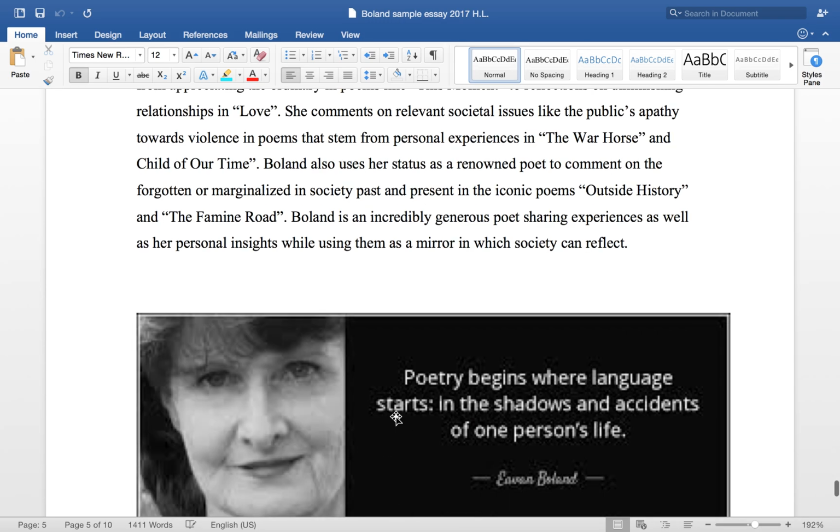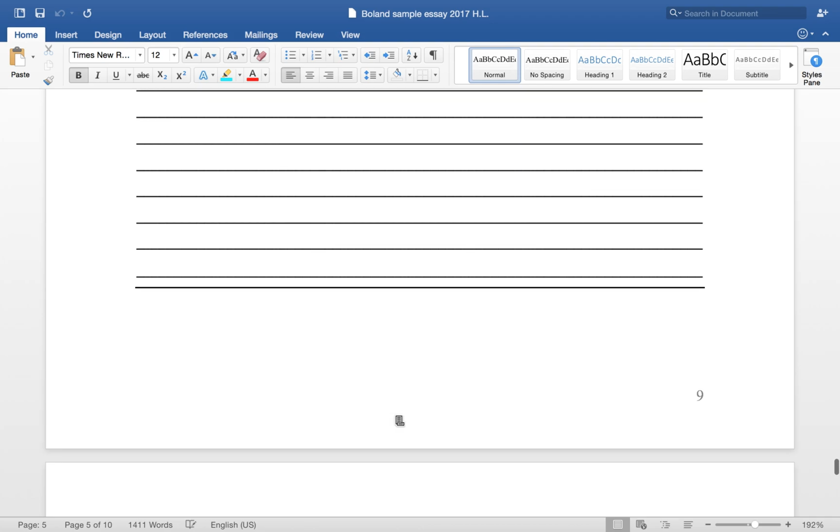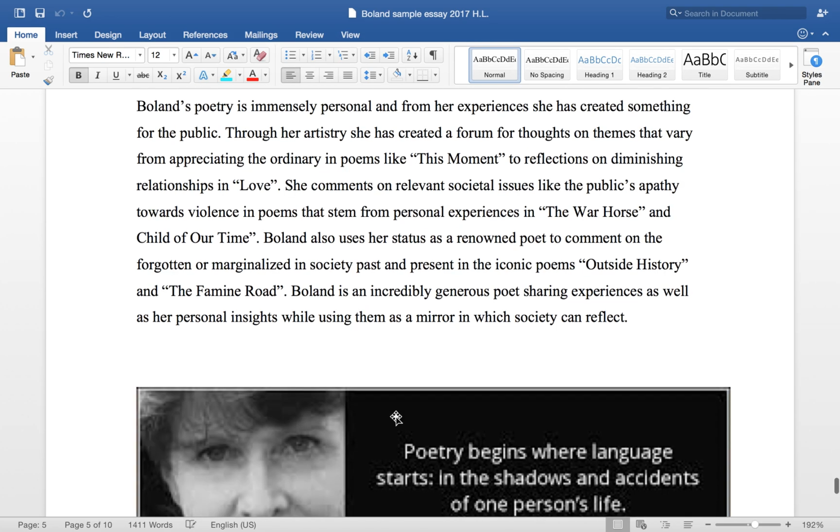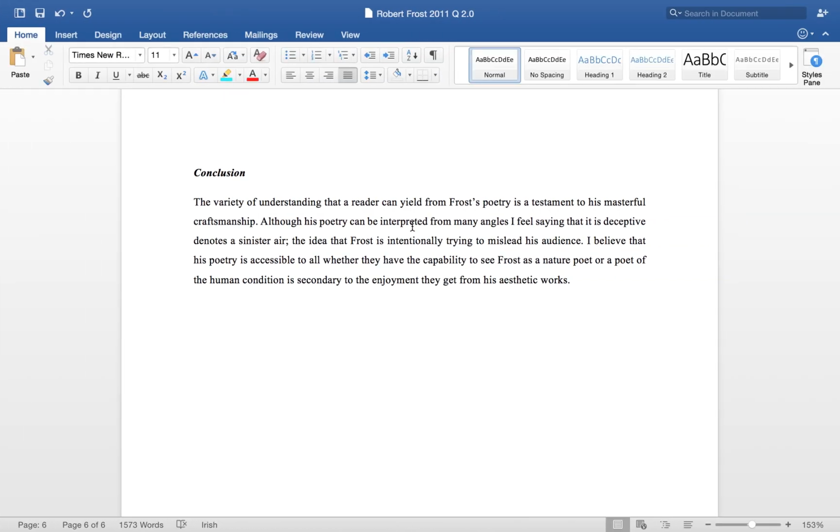But if we go towards the conclusion, what I want to do here is essentially rephrase the question. I want to address the question once again. I want to remind my readers of my ideas, remind them what I was saying, okay? And then finally, just like with my introduction, I want to have some sort of personal response. I want to finish strong with a concluding statement, basically answer the question that was being asked.